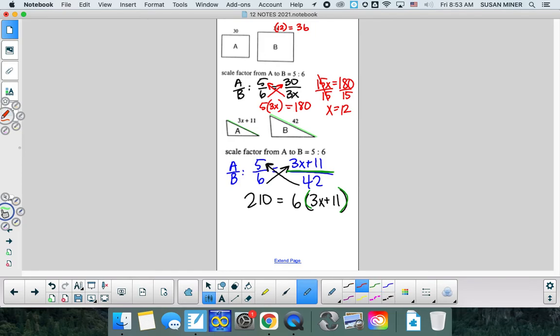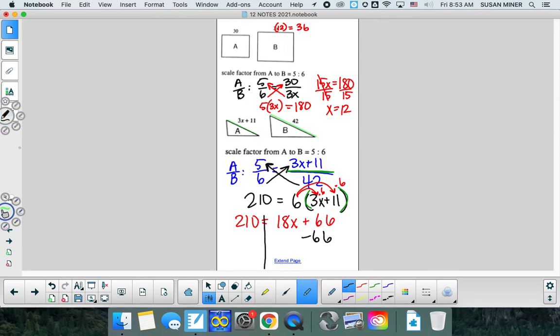So what I want to do here is distribute that 6, multiply that 6 here, and multiply that 6 here. Let's go ahead and do that. 210 is equal to 6 times 3, which gives me 18x, plus 6 times 11, which is 66. Now I've got my equation set up. I can solve for the missing part.